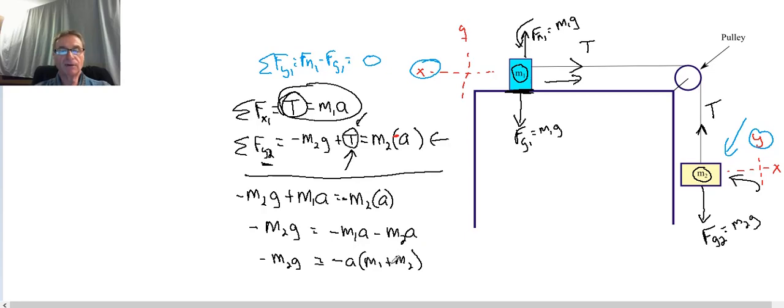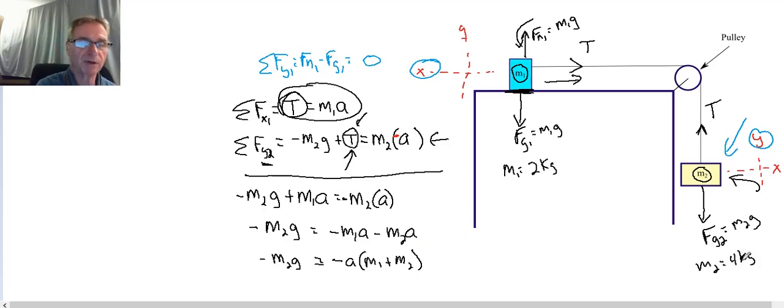Now the only thing we don't have yet is the values for m1 and m2. So let's assign some values here. Let's say that m1 is equal to 2 kilograms, and m2 is equal to 4 kilograms. And now we can just plug in some numbers.